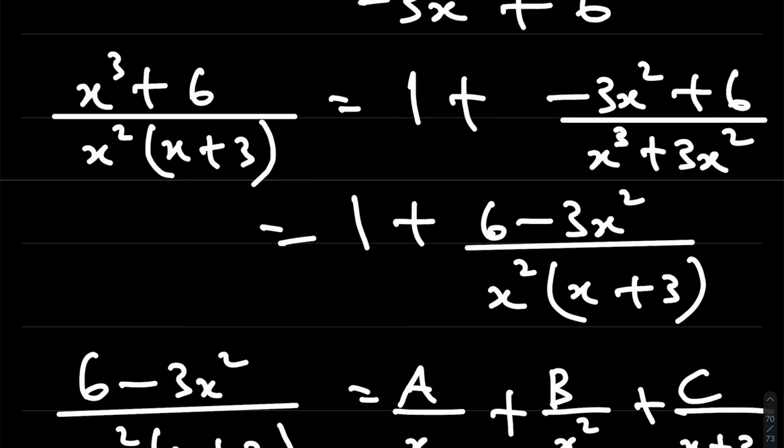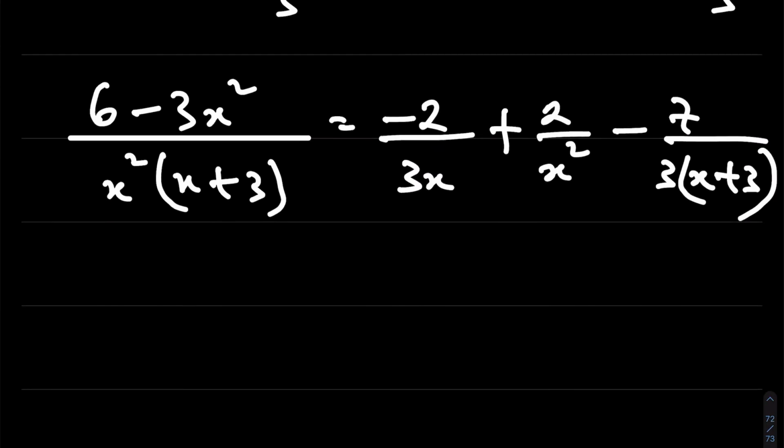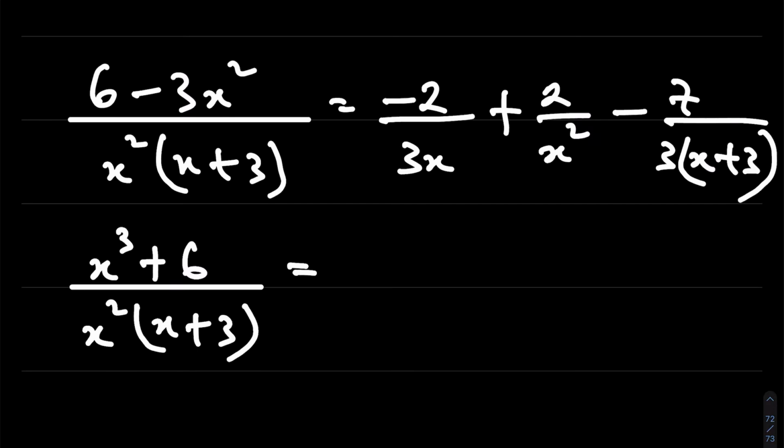That simply means the original improper fraction that was given, x cubed plus 6 over x squared times x plus 3, is equal to 1 plus the whole of this, which we have split into this.